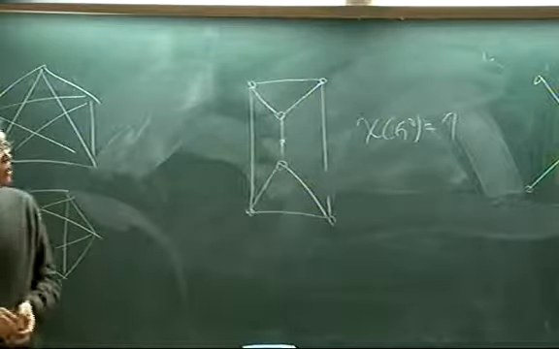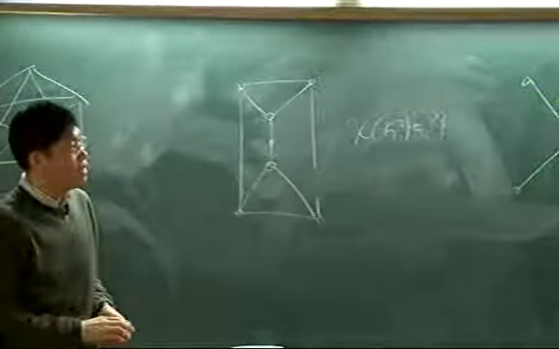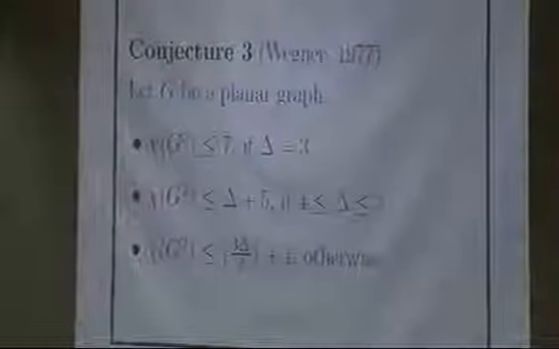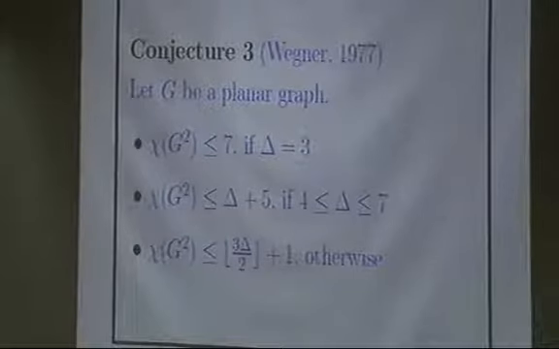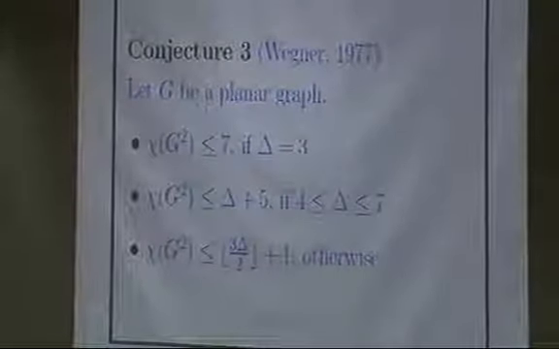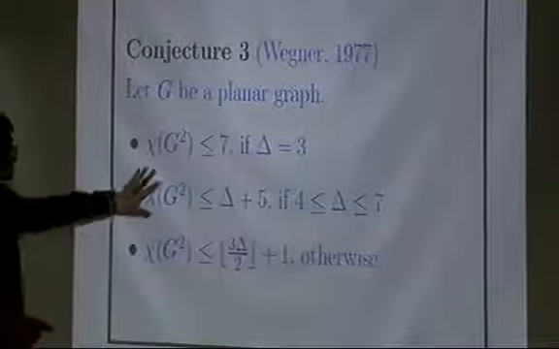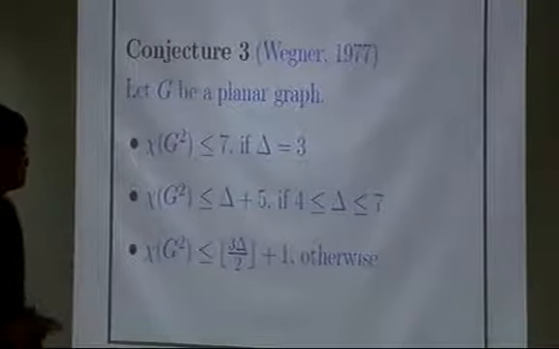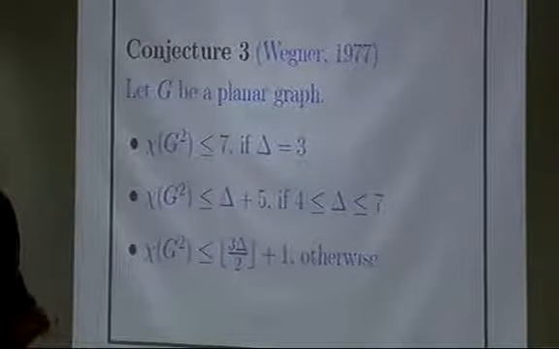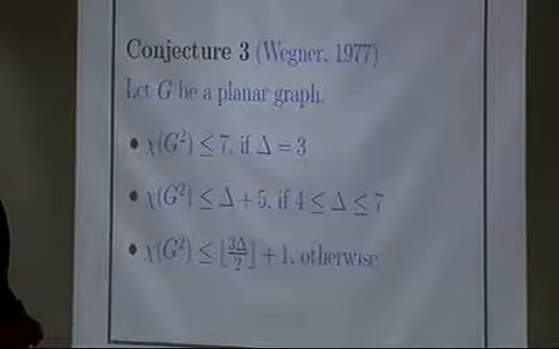This type of problem was started by Wegner in 1977, and he announced this conjecture. Unfortunately this conjecture is still open, but in some sense it's good for us because we have something to do.